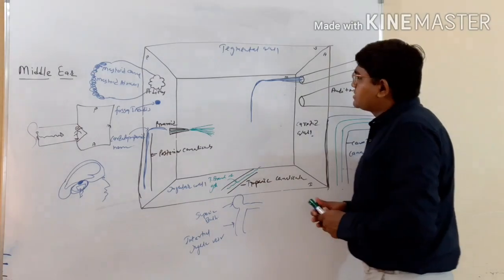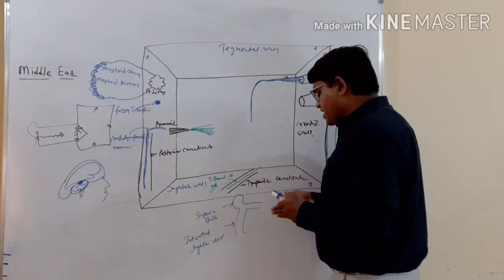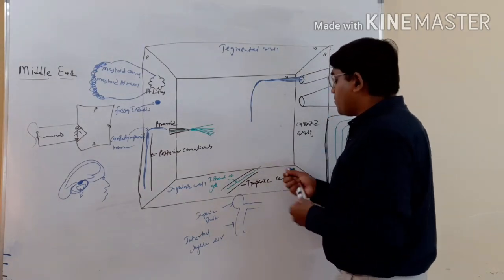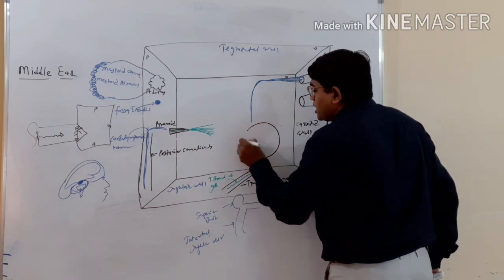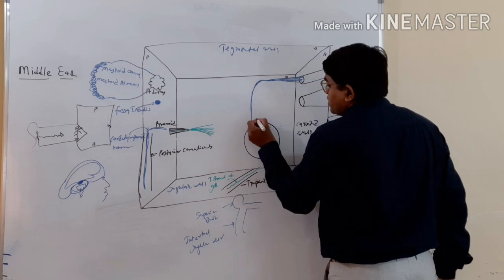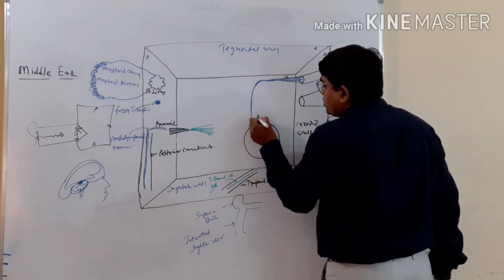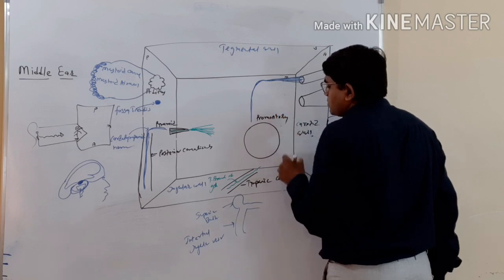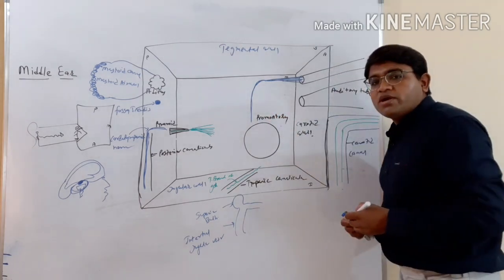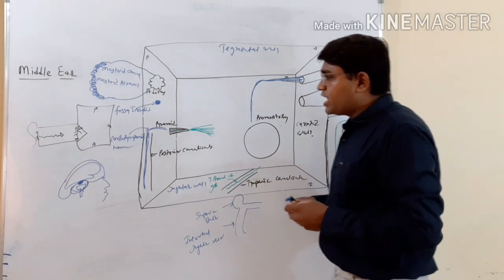Now its medial surface. On the medial surface there is one prominent elevation, and this prominent elevation is known as the promontory. So what is this promontory actually?